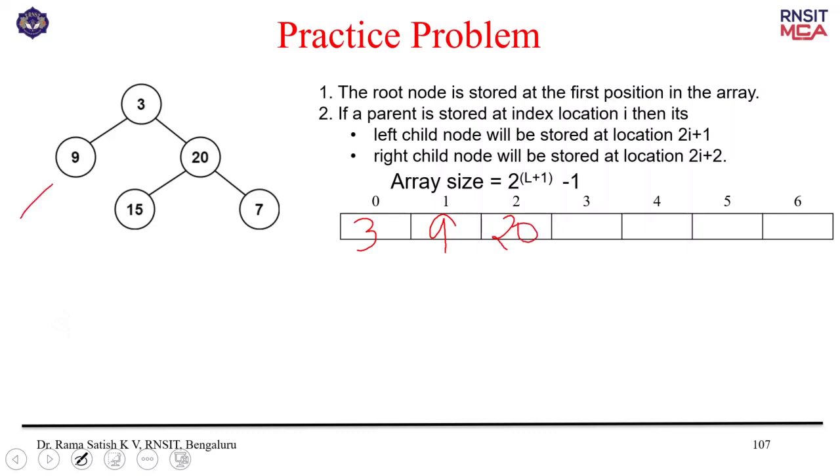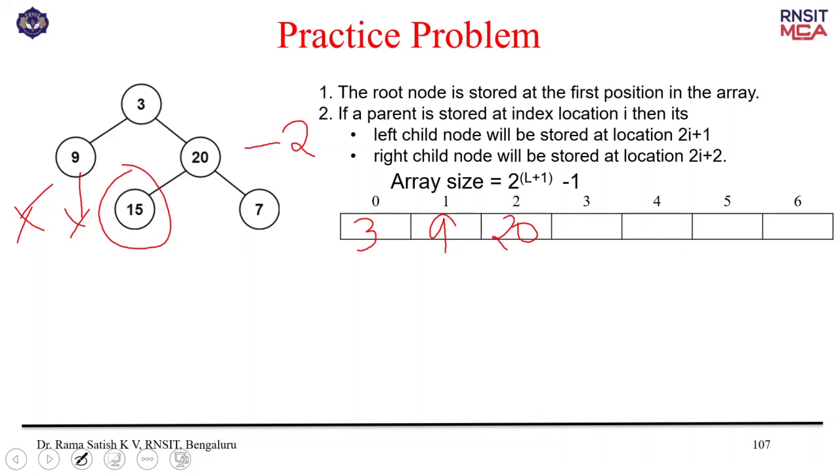So no element for 9, left element, no element for right. Next element available is 15. You know, the 20 is the parent of 15 and 20 is stored in position number 2.